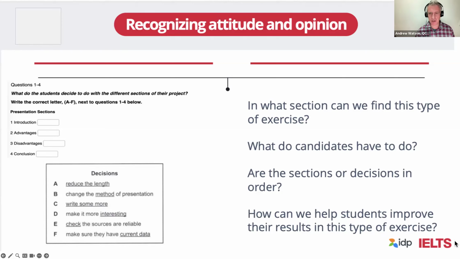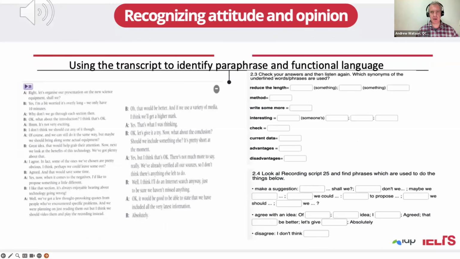Are the sections or decisions in order? How can we help students improve the results in this kind of exercise? Okay, well, I'm going to speed up a bit because I'm not going to have time for actually listening, okay?